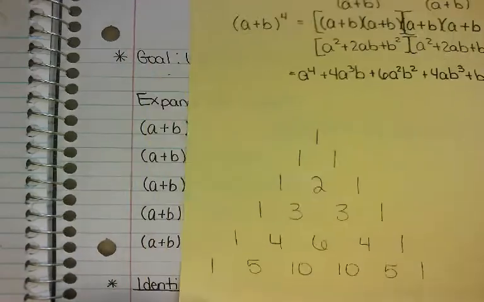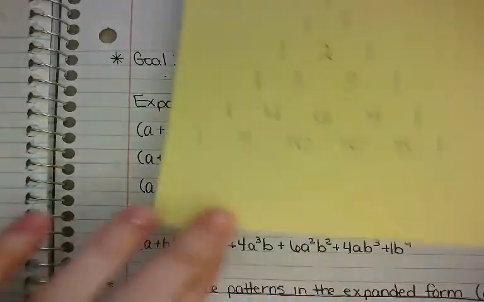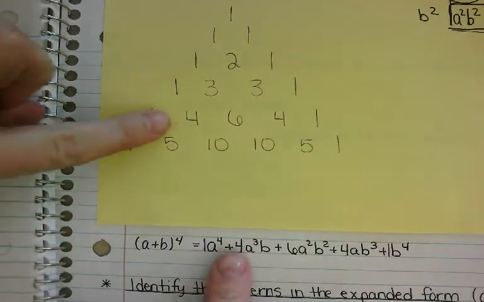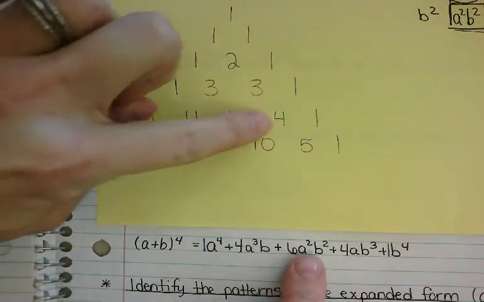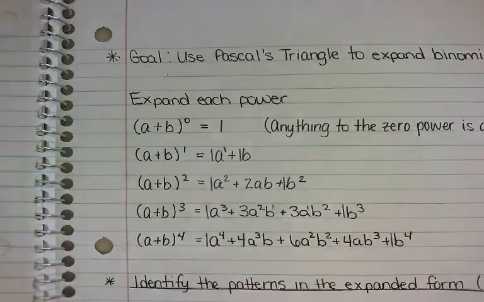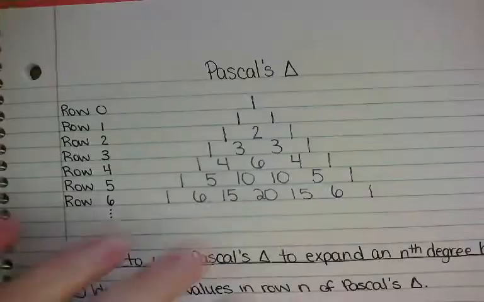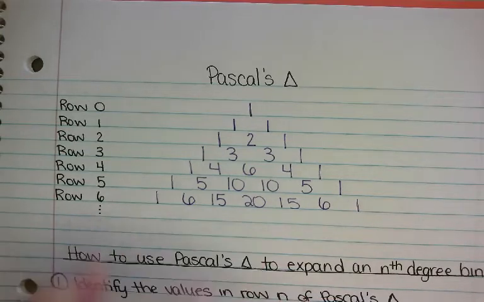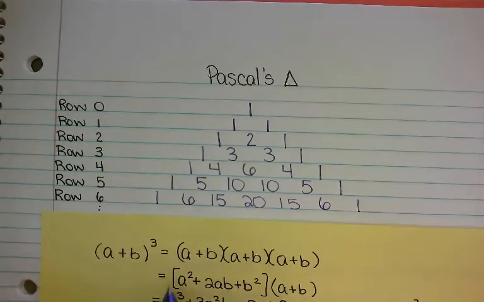And if you notice, those are the same numbers as Pascal's triangle. 1, 4, 6, 4, 1. So Pascal's triangle is going to help us to figure out the coefficients for the numbers in front.